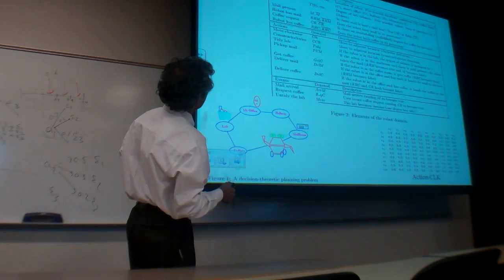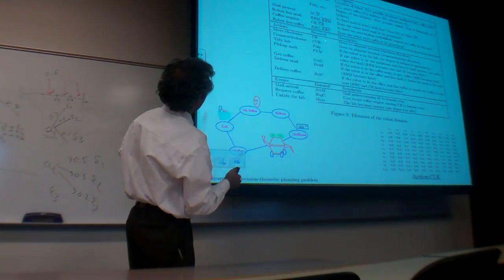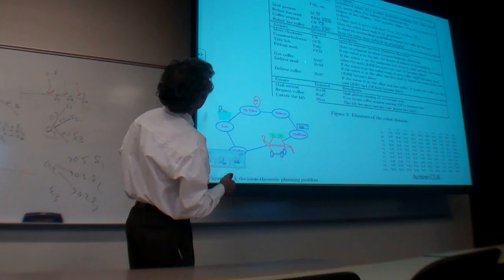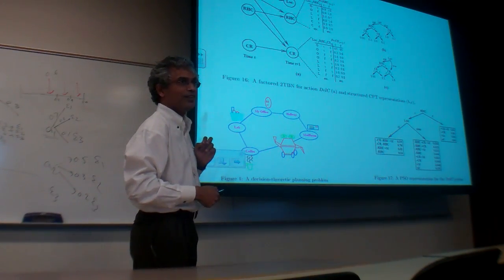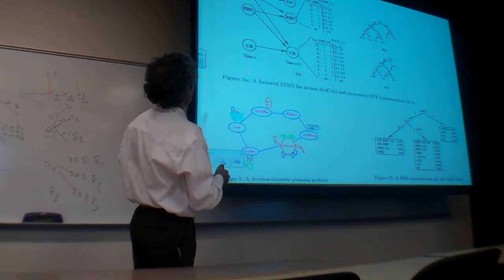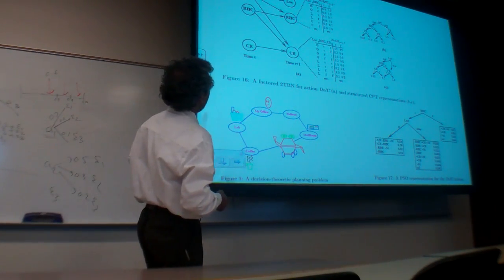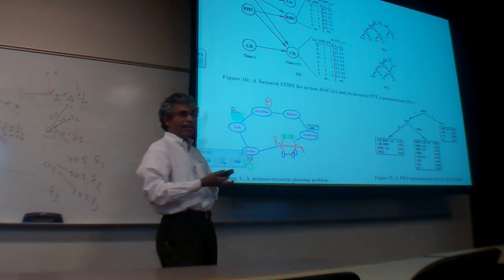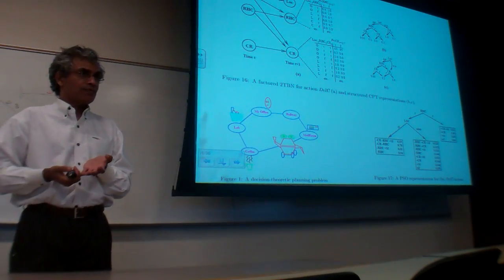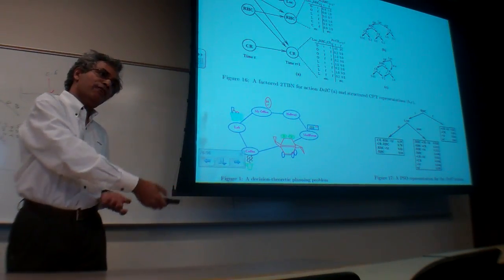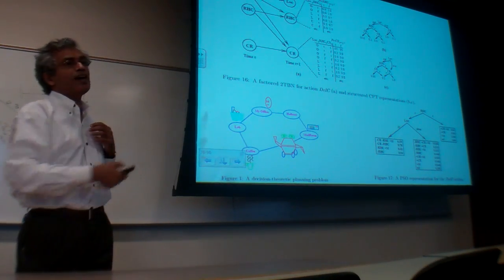What is RHC? Robot has coffee. And CR is coffee request. If the robot has coffee and there is a coffee request and it's at a particular location, then if it does a clockwise move, its effect depends on these variables' values.